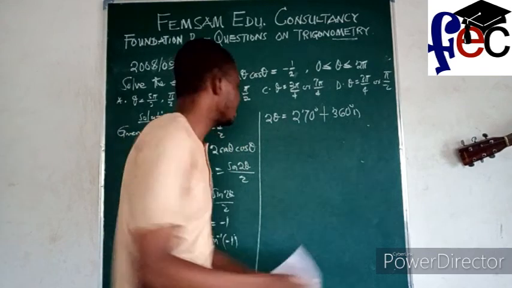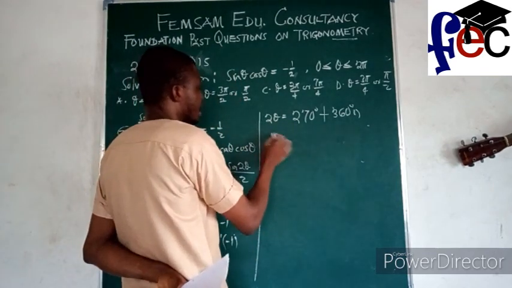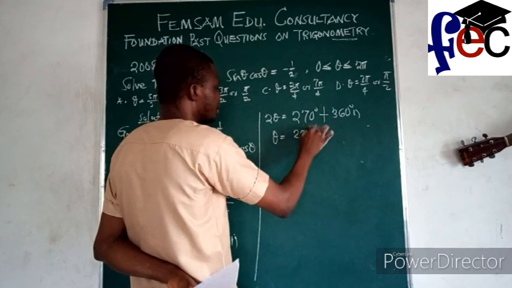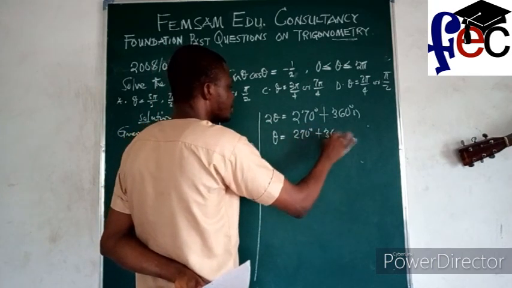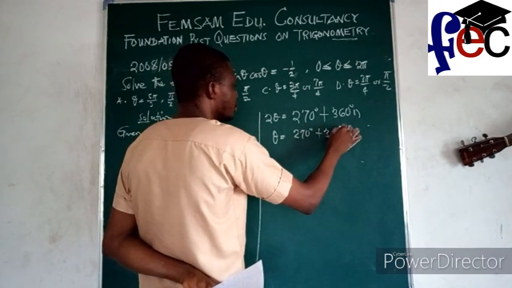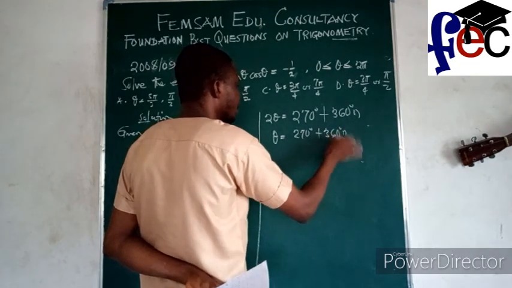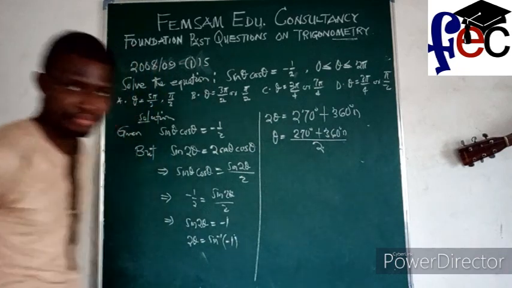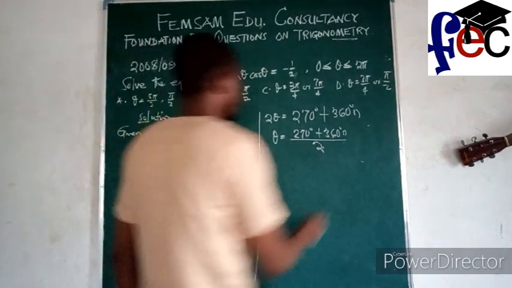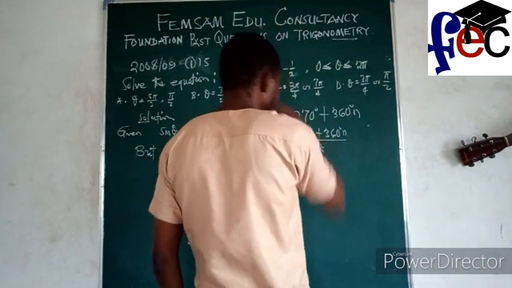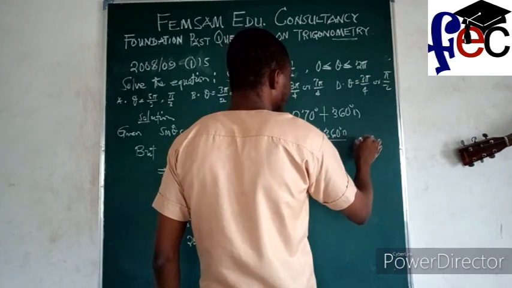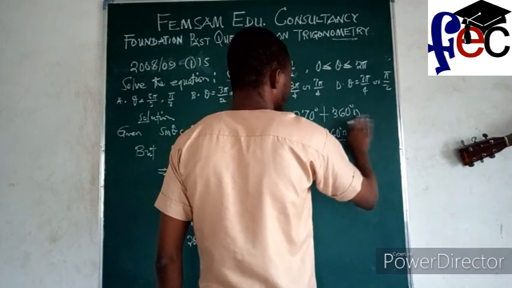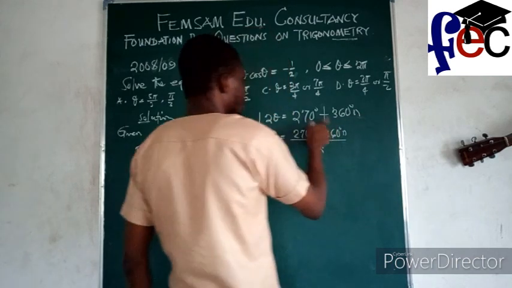So in this case, theta will now be equal to 270 degrees plus 360 degrees n, divided by 2. Alright, so if that is the case, n will now take values from 0, you know, this one is now a multiple of this.